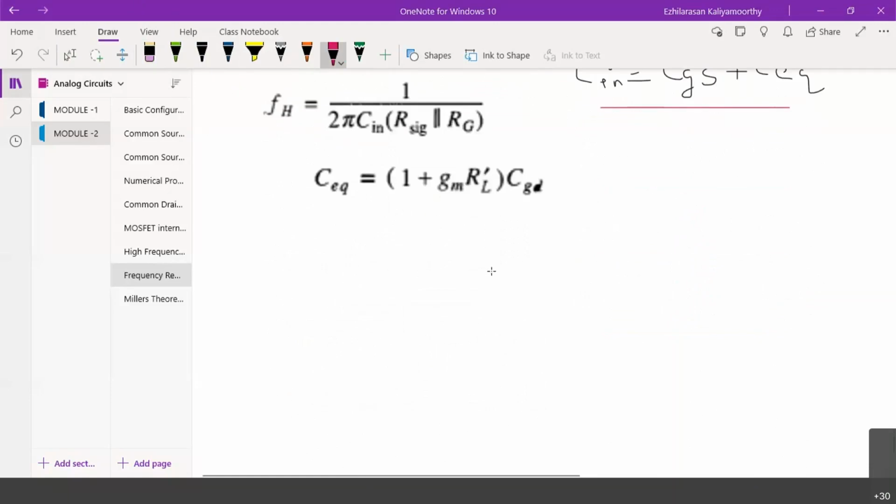So what is that? Substitute the value. I'll get 3.26. Next, you have to calculate C in.